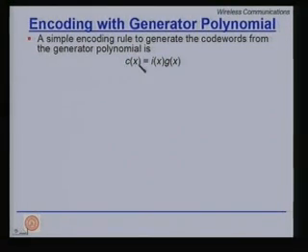So, let c(x) be the code word polynomial, i(x) the information word, and g(x) the generator polynomial. If you multiply i(x) with g(x), you get a valid code word polynomial.